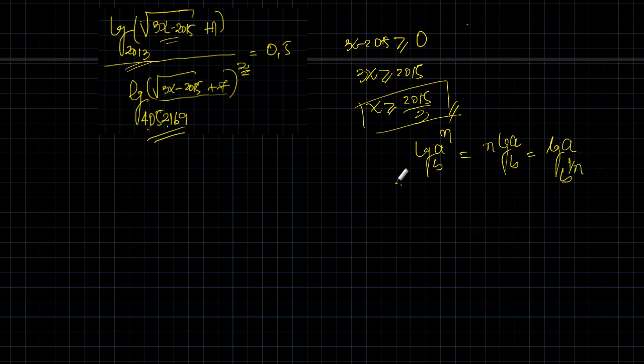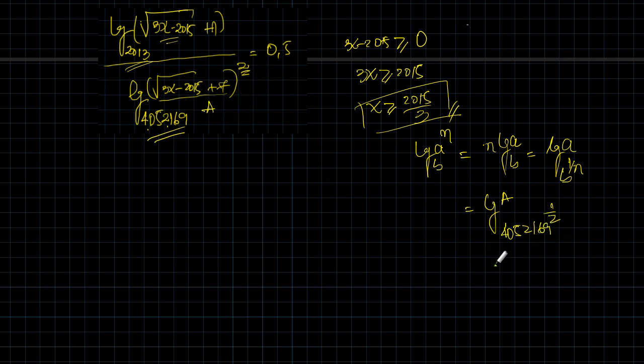Considering this, consider that this is our a in here, so we're going to have log of a, and this number here is 4,052,169 to the power 1 over 2, because our n is 2, right?